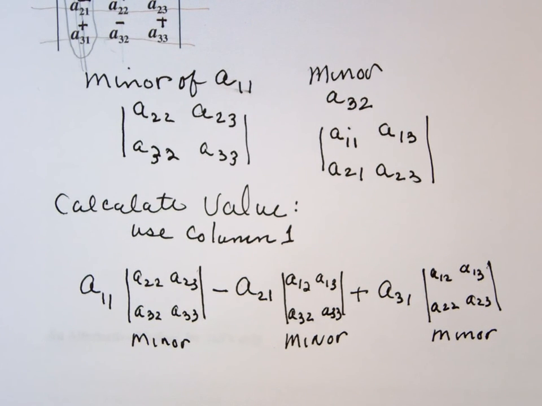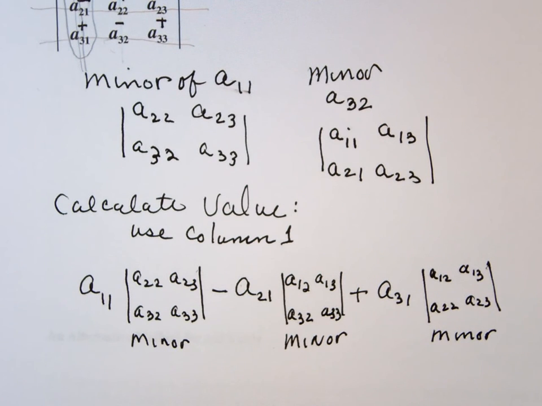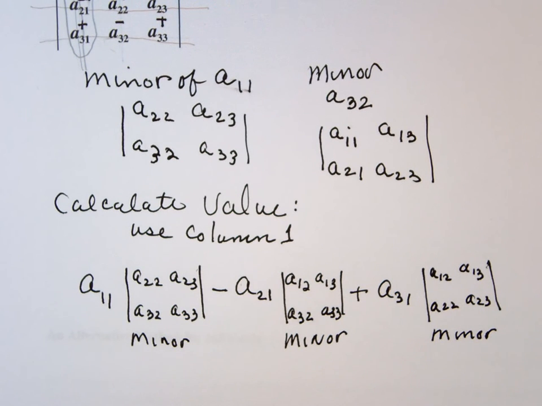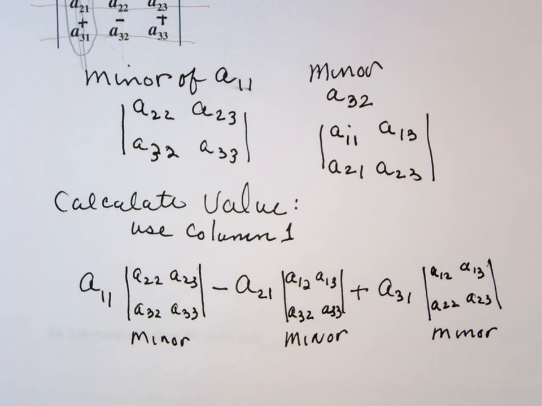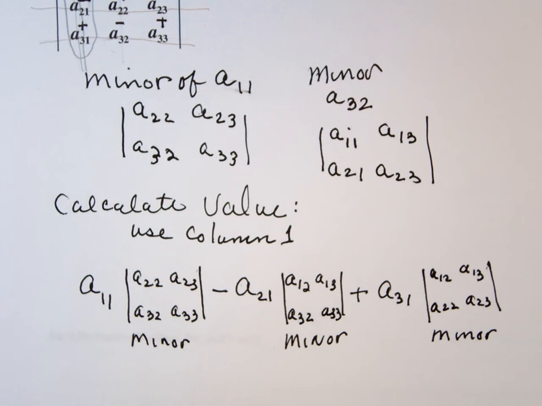A 4 by 4, and this is why it was so nasty, and remember, I did this over and over again in physics without a calculator that would do it for me, is that a 4 by 4 would go down to a series of 3 by 3s, just like this. Then each 3 by 3 would be a series of 2 by 2s, until I could actually do the calculation.